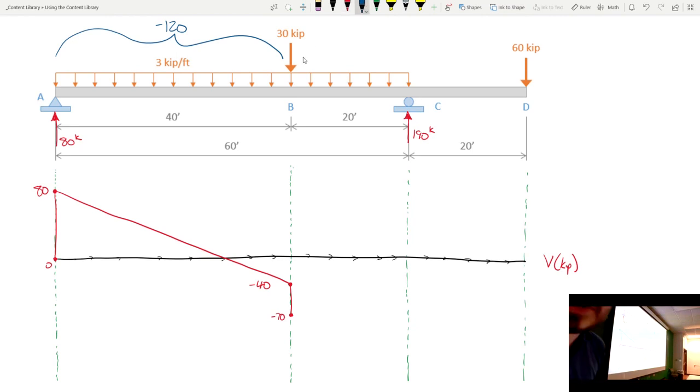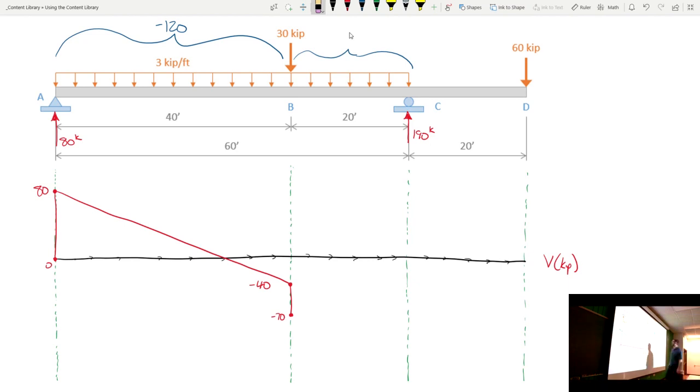Now, how much load is that right there, from B to C? Well, it's 20 foot long, and that's 3 kips per foot. 60, right?